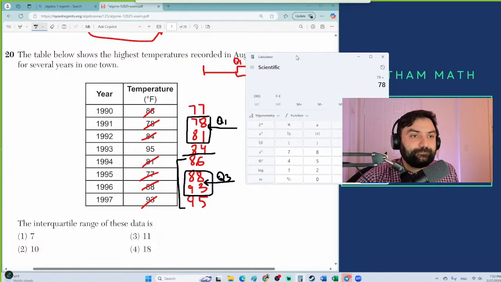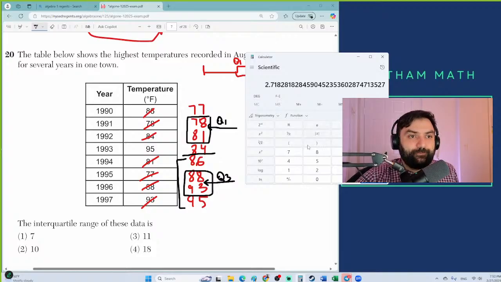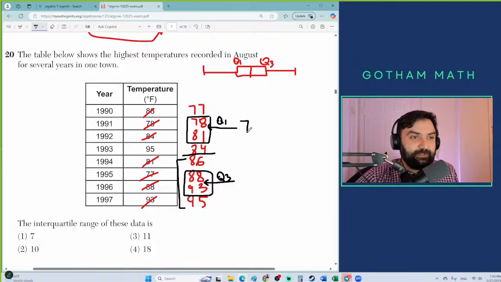Okay. So, 78 plus 81, and then we're going to divide this by 2. We're going to get 79.5.